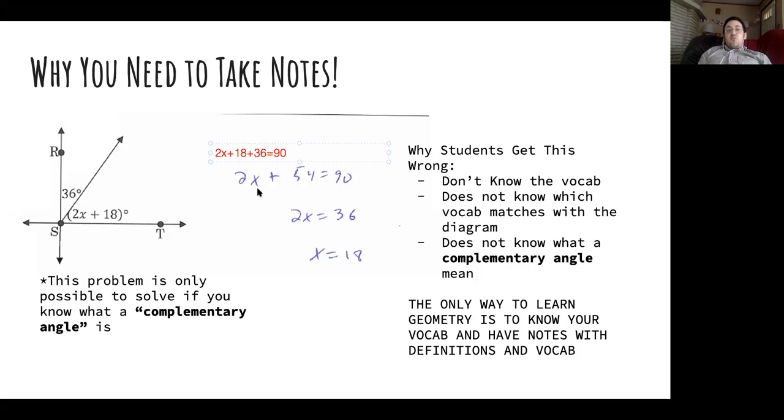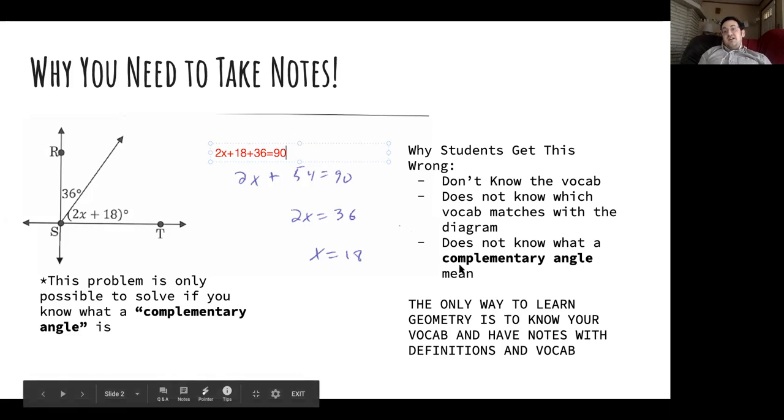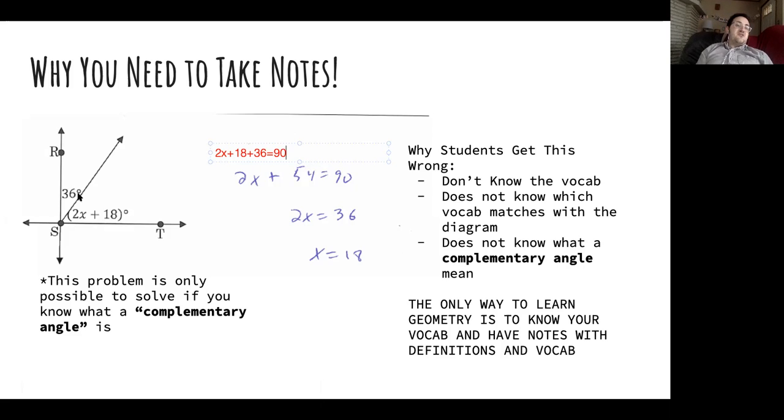So you may be wondering, why do students get this type of problem wrong? What it comes down to is that a student may not know what a complementary angle is. That's what these two angles are, complementary angles. And these are angles that add to 90 degrees.